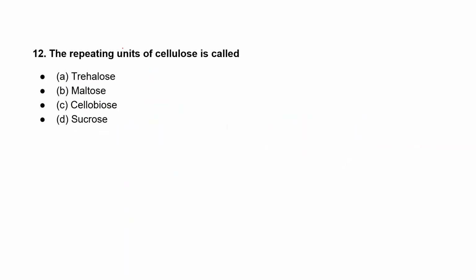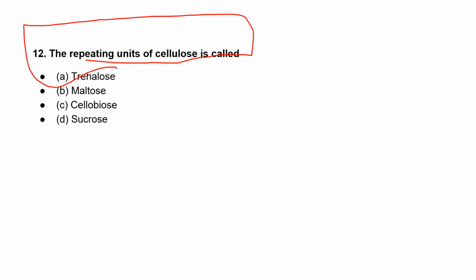So you are right, dihydroxyacetone is the right answer. The next question is: the repeating unit of cellulose is called. Option A is trehalose, option B is maltose, option C is cellobiose, and option D is sucrose.